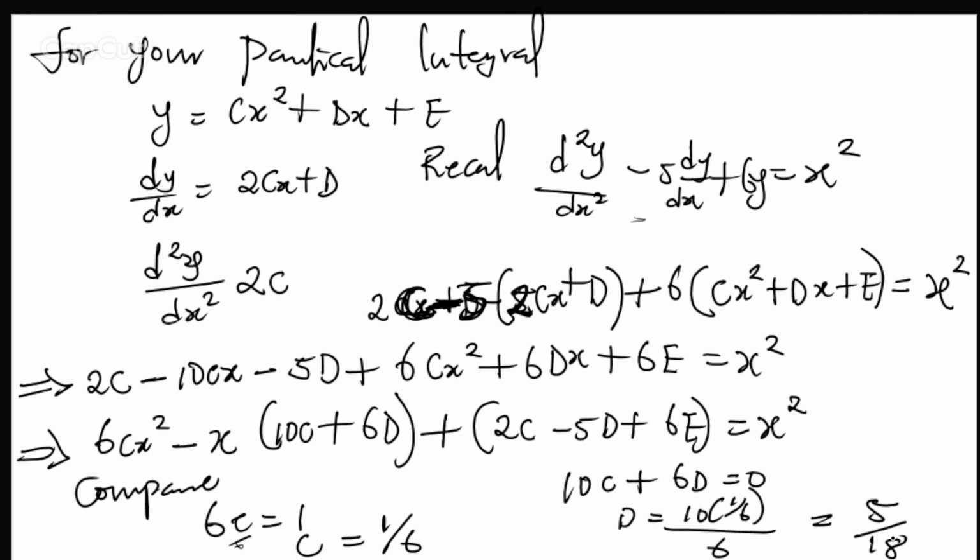The next thing is to get what e is. Comparing to get what e is, remember we have 2c minus 5d plus 6e, and we are equating this to 0, because we want to compare.